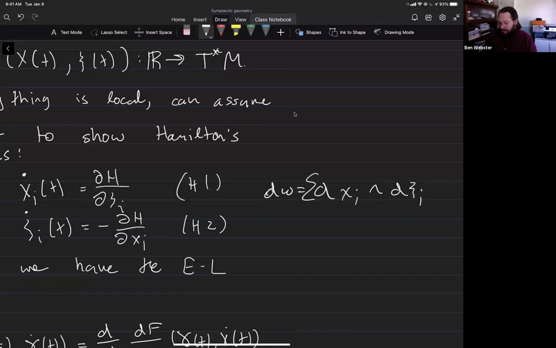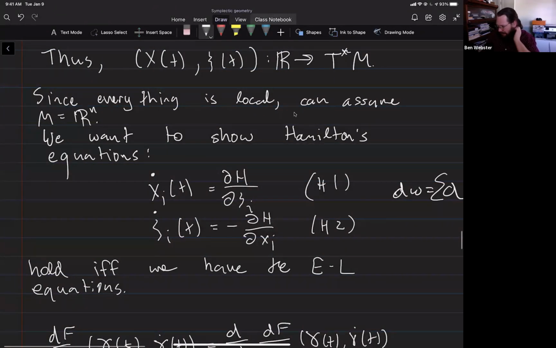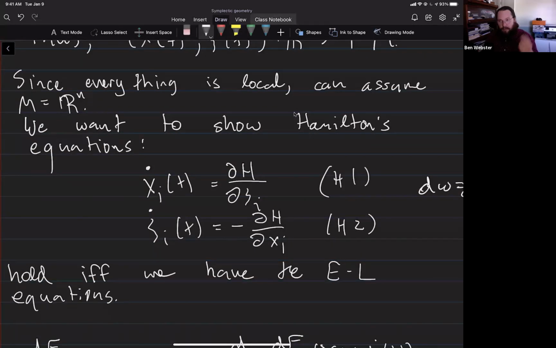So if you trace through what being a Hamiltonian vector field means, well, it means that the derivative of x_i with respect to time is equal to the derivative of h with respect to ξ_i, and the derivative of ξ_i with respect to time is minus the derivative of h with respect to x_i.